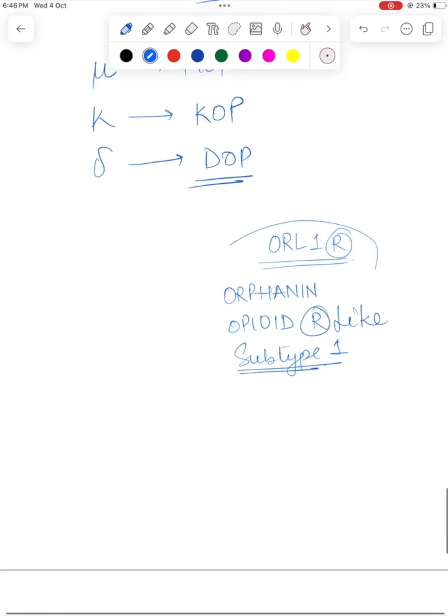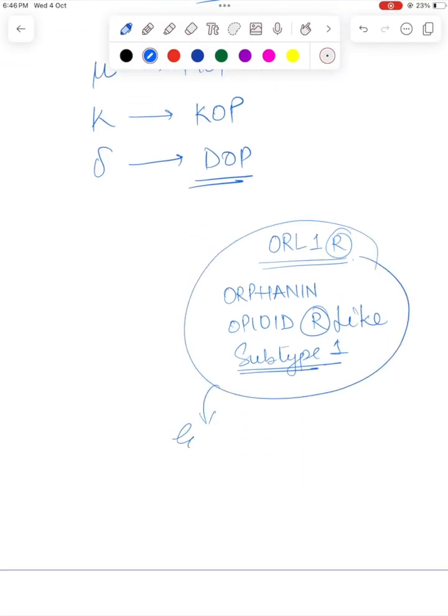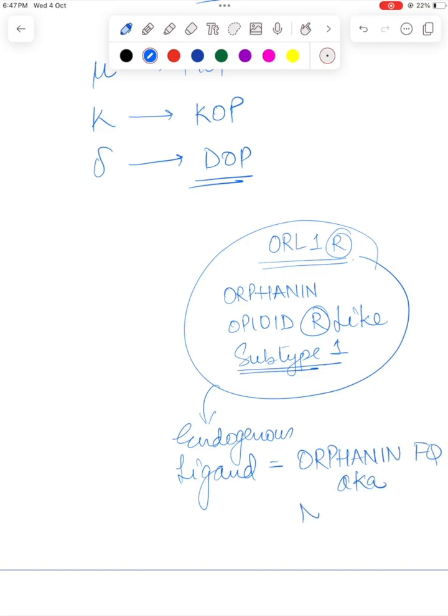And the endogenous ligand at this opioid receptor is orphanin FQ, which is also known as nociceptin.